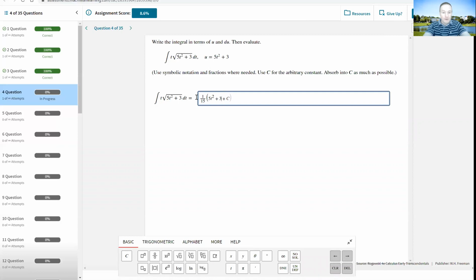And let's close out that group. And then I want to raise that group. It was inside of a square root, but then cubed. So it's to the 3 over 2 power. So I'll raise that to the 3 over 2 power plus c. This should be what they want.